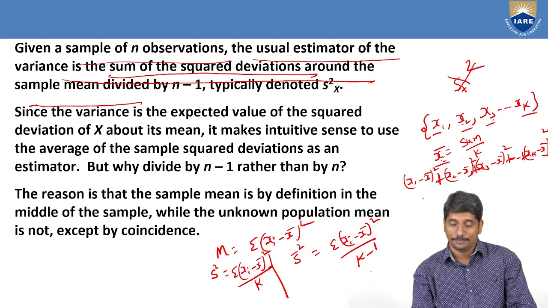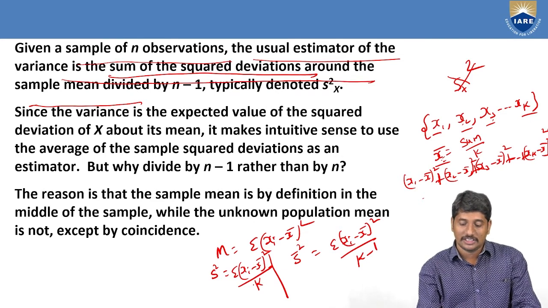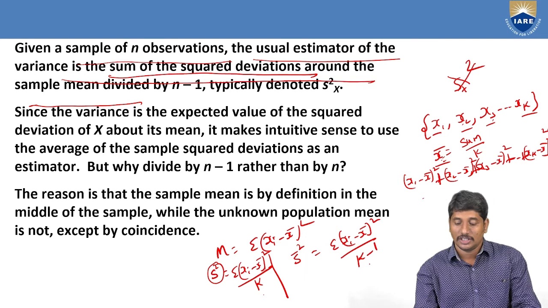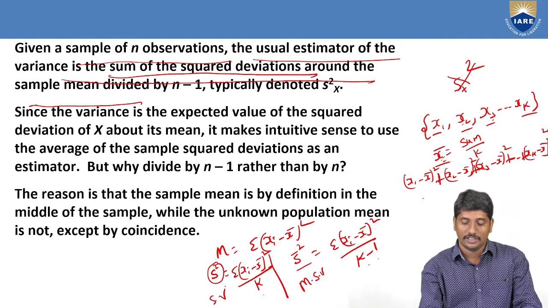So when we average the sum of squares of deviations by k, we get s square, and when we divide the sum of squares of deviations by k minus 1, we get s bar square. This is called the modified sample variance, and the other is called the sample variance.